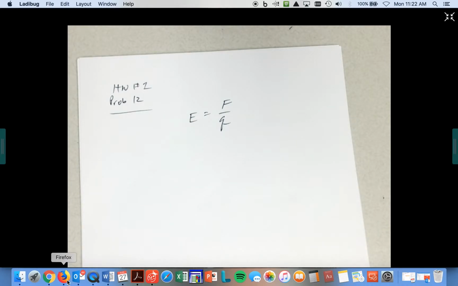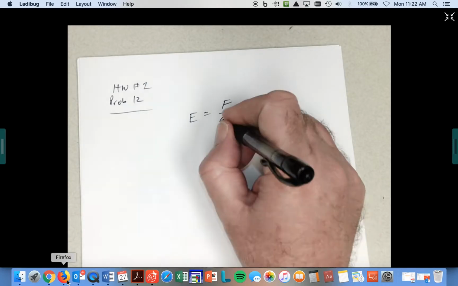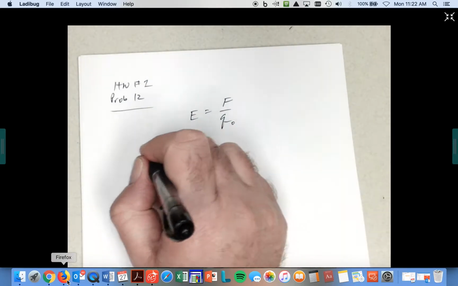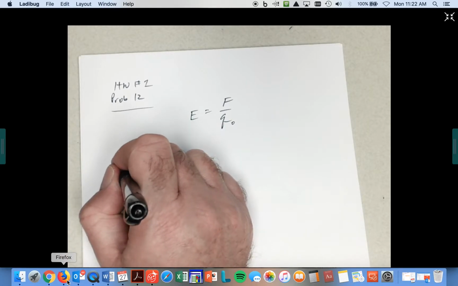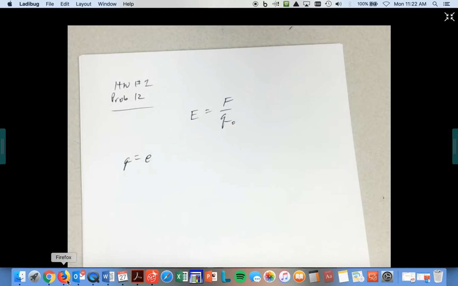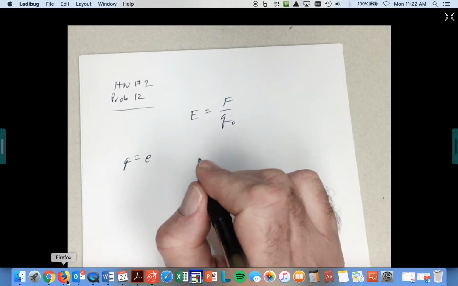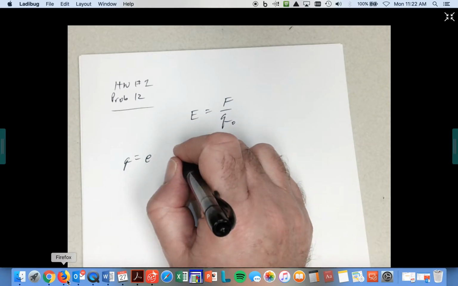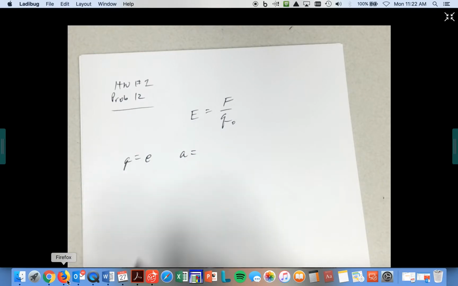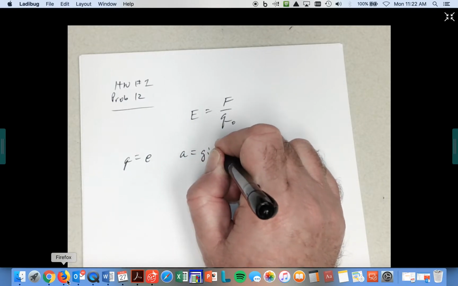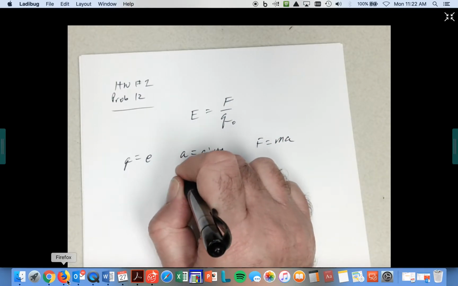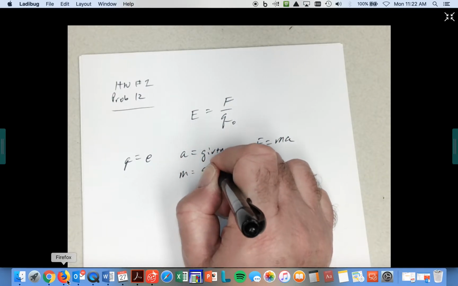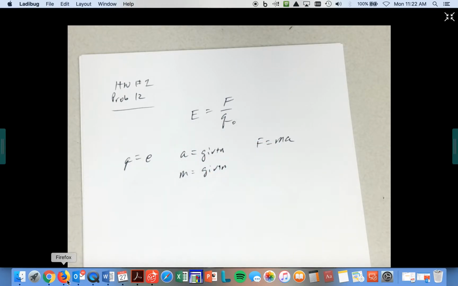Look at the options that they give you, because that's the way I learned it, force over charge. But this time they said we're using the charge e, which is for the electron. They're saying Q is our e, and they're keeping it positive. They gave us an acceleration, and we know that F is equal to ma, and the mass is given. When they say an electron, you already know two things: its mass and its charge.